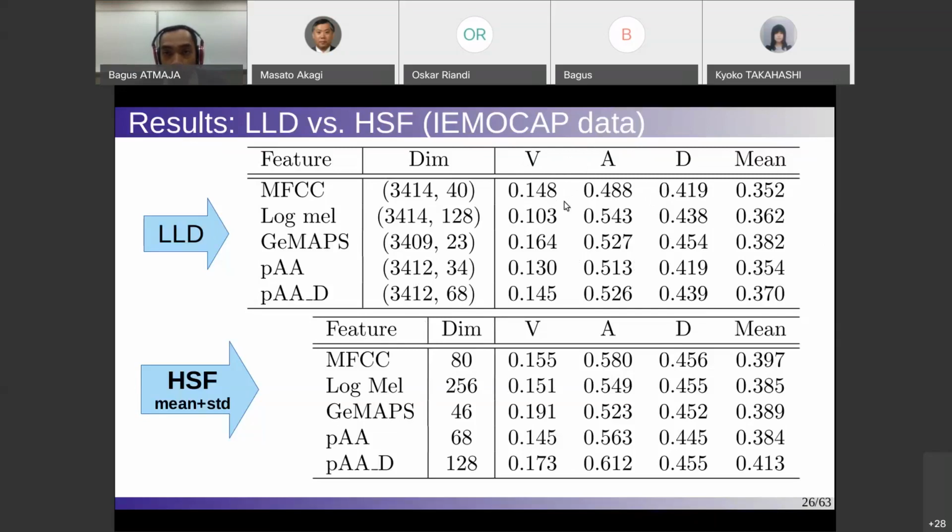So valence is only 0.1 compared to dominance and arousal at 0.4 and 0.4 also. So that's what I meant by the third issue. In the third issue, I stated that in the previous research, the main flaw is the low score of valence prediction, and we spotted it again here in acoustic-only emotion recognition.